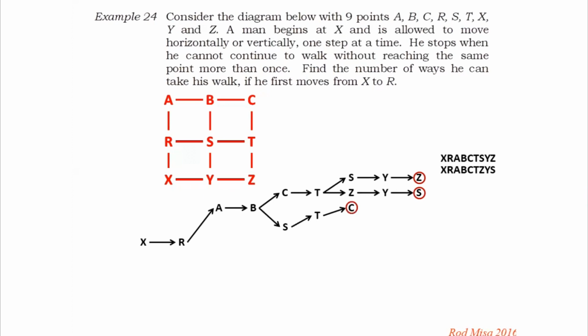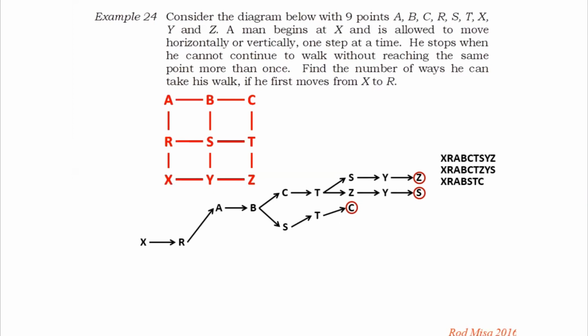And tracing the path of his walk using the red diagram above, using the black color, he starts at point X and then to point R, to point A, point B, point S, point T, point C there. And he cannot move at that point since he has passed already the points B and T. So that's the end of his walk. And the pattern of his walk is X, R, A, B, S, T, C there.